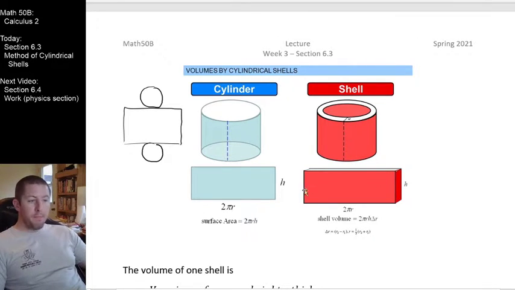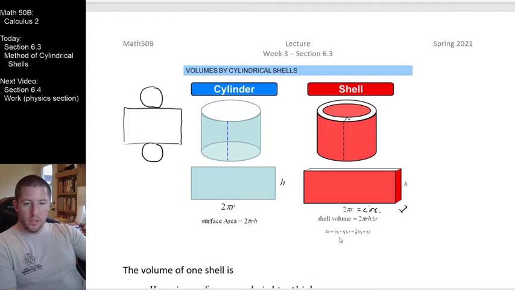Is that my 3D word for that? This box right here. And what we can see is this has 3 dimensions. It has height h, it has a width of the circumference, and this thickness right here is the difference in radius.